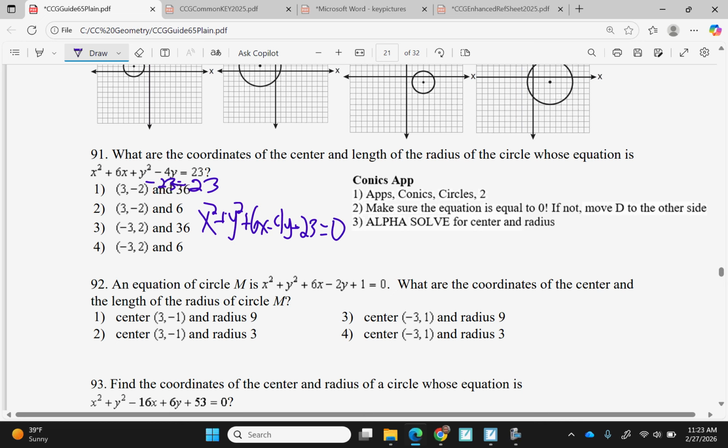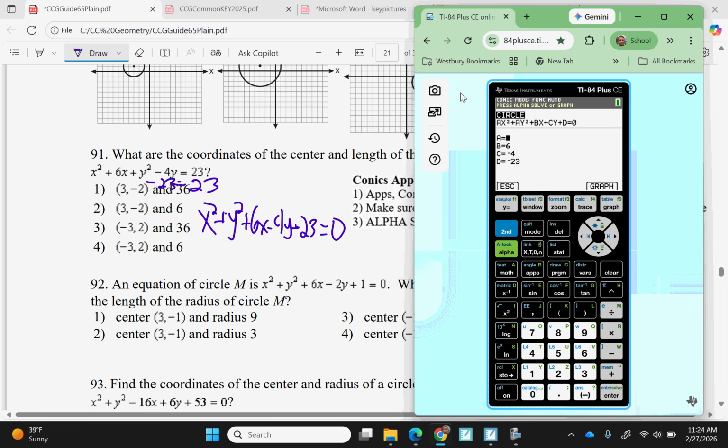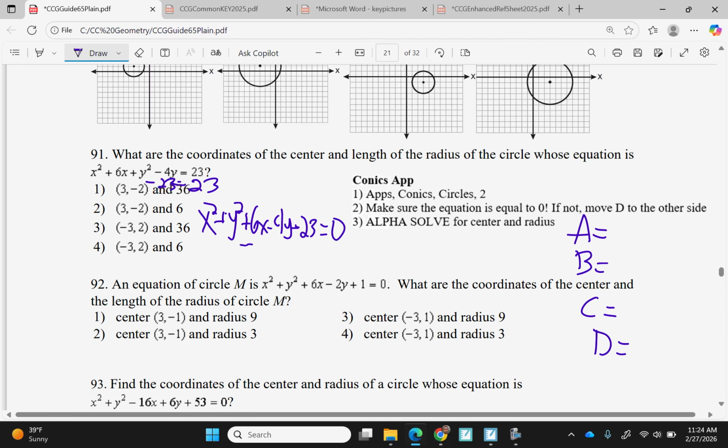But it doesn't really matter. But that 23 has got to come over. It's got to be equal to 0, because if it's not equal to 0, then your d value is going to be wrong. I'm going to list my a equals, b equals, c equals, d equals. And it tells you what each of them are. A, it says, is what's in front of x squared. A is going to always be 1. B is what's in front of x, which in this case is positive 6.